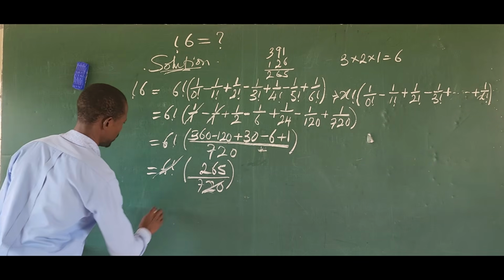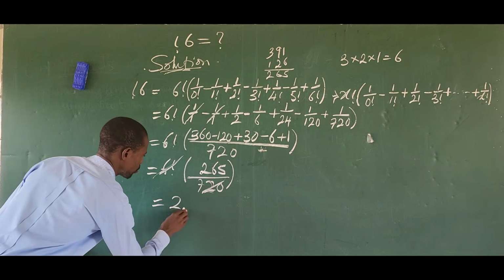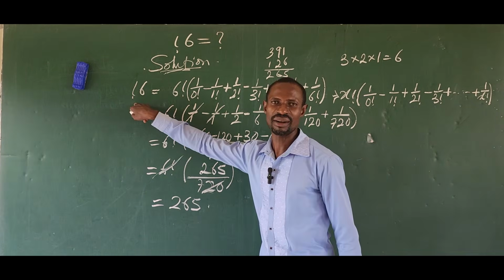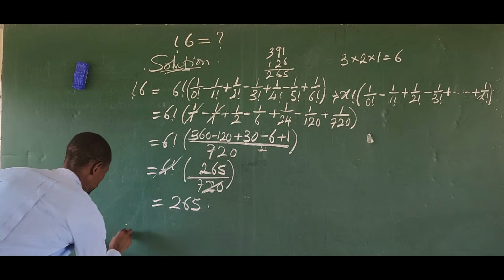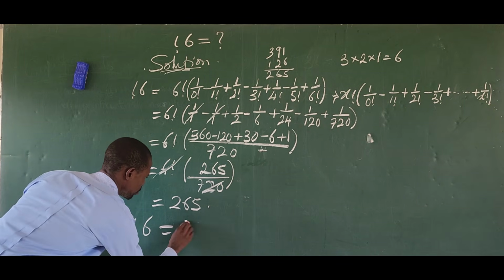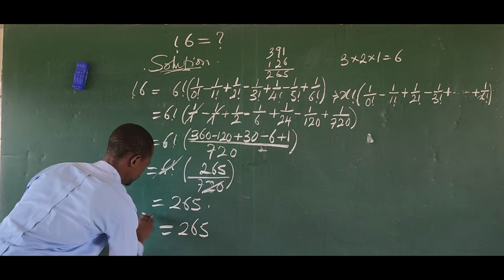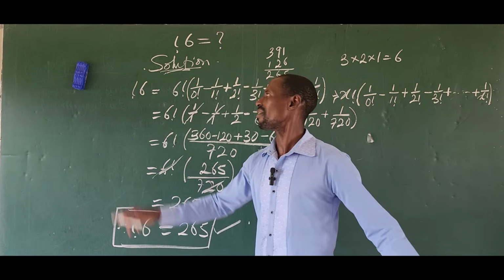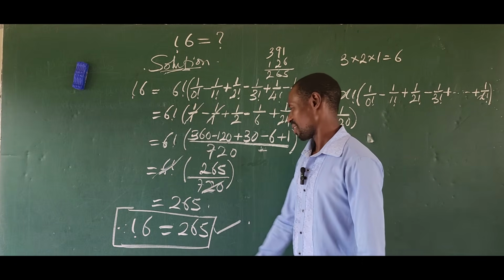So we are now left with this, which is equal to our 265. So therefore, the subfactorial of 6 is equal to 265. Okay, so this is the value of our subfactorial of 6.